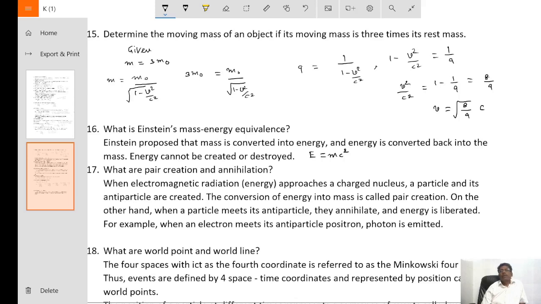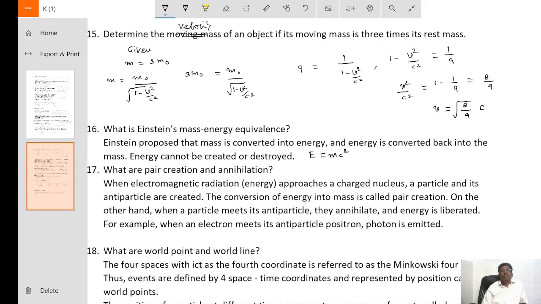Now we have to find out the velocity of the object. Rest mass is m0. Therefore, m = 3m0.